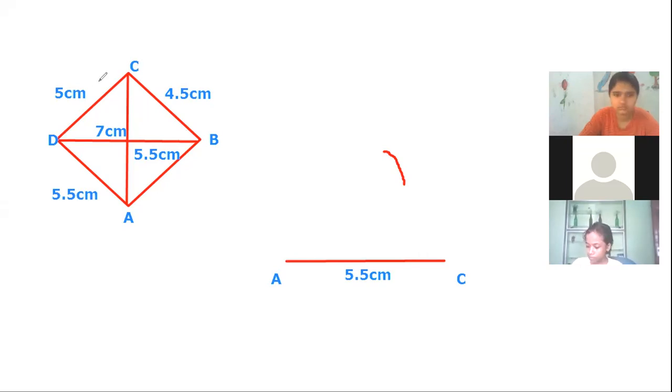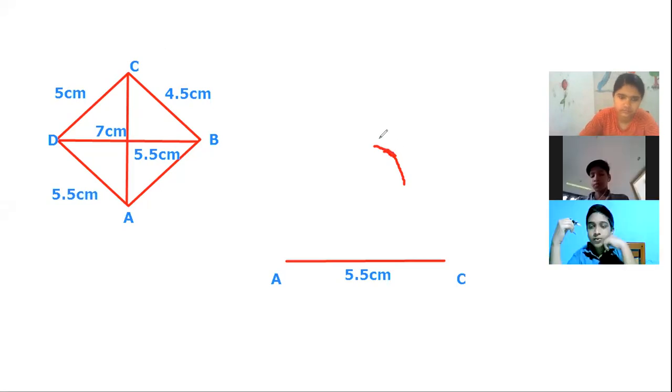The next side of our triangle is CD. Then what is the length of CD? 5 centimeter. It is 5 centimeter. So you have to take 5 centimeter in your compass.